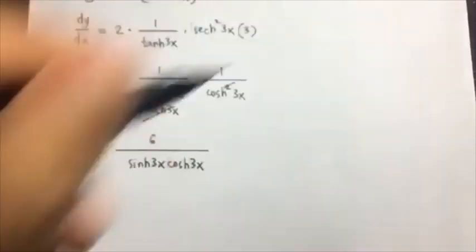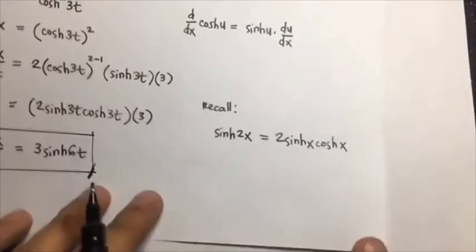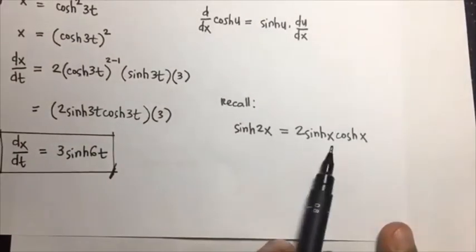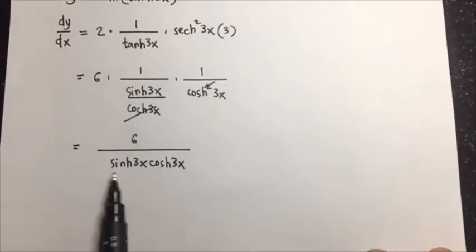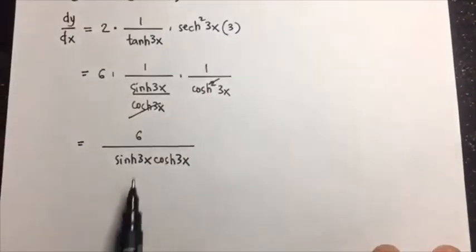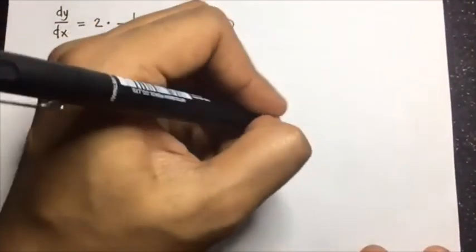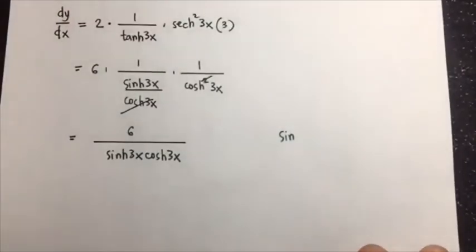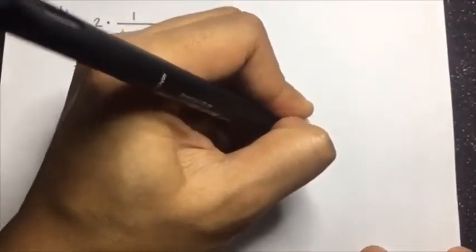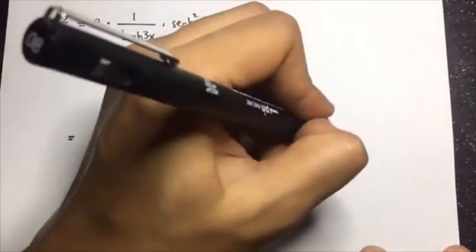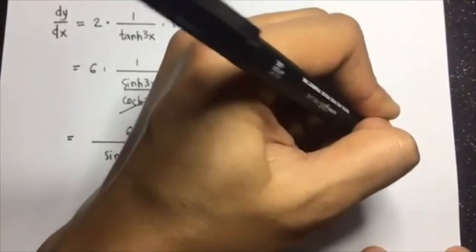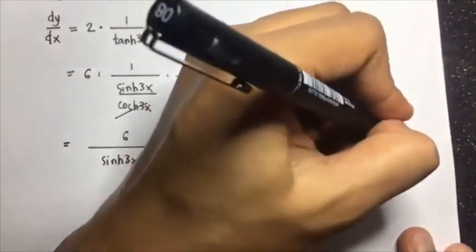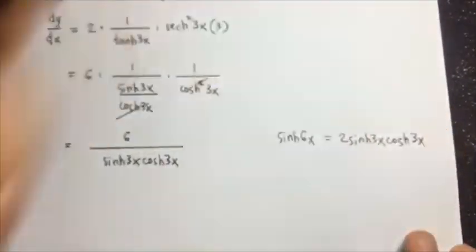So recall again the double angle identity. Similar with the double angle identity, the hyperbolic sine of 6x is equal to 2 hyperbolic sine of 3x hyperbolic cosine of 3x.